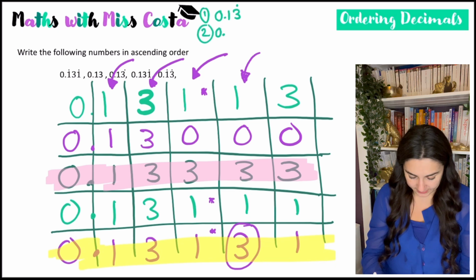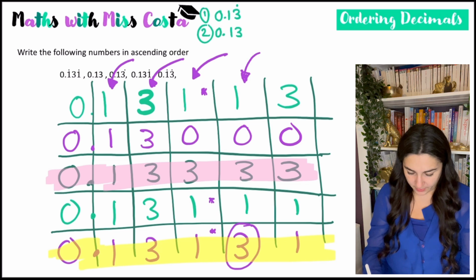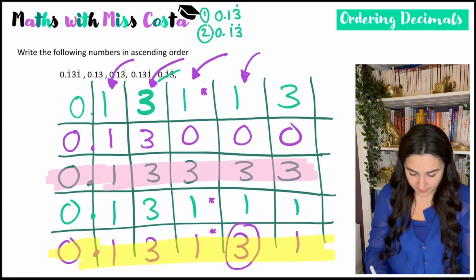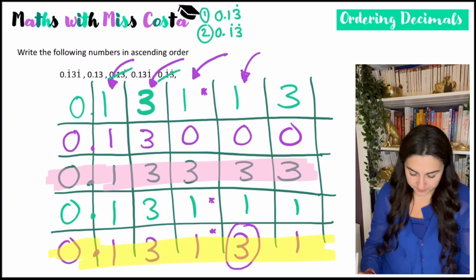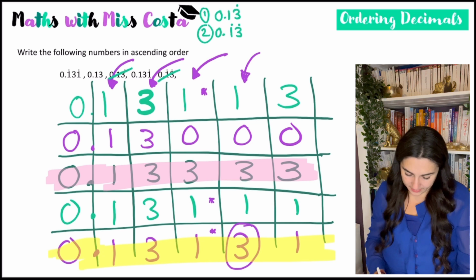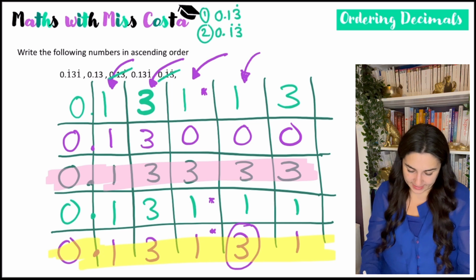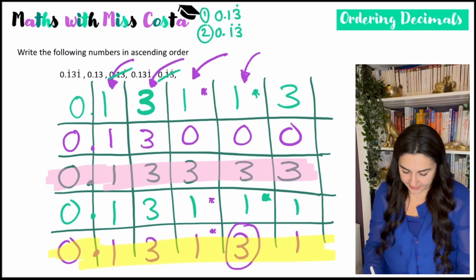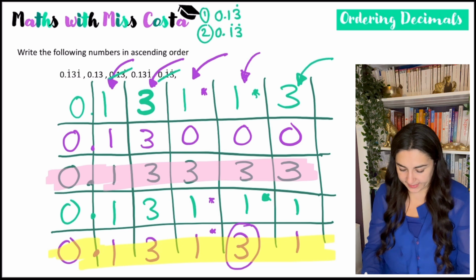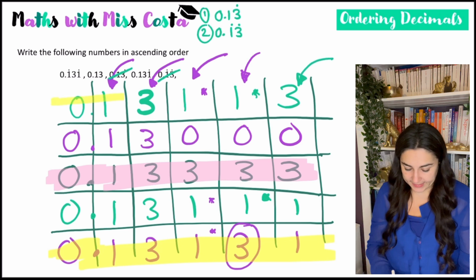So this one was 0.13 recurring. So I've done that one, and I've done this one. Then I look at the next 2. So I've got this one and this one that are equal. I look at the next column. This one is the largest one.